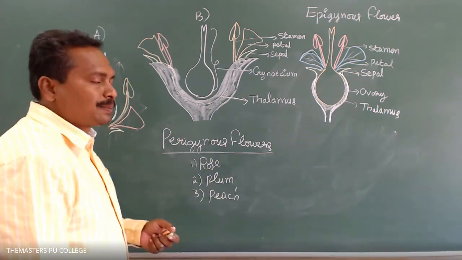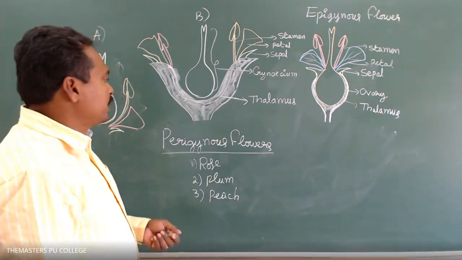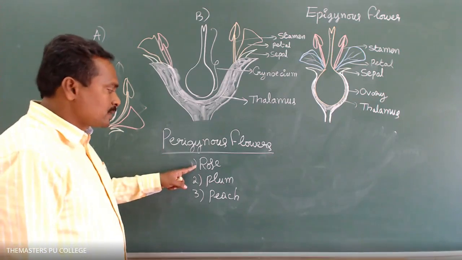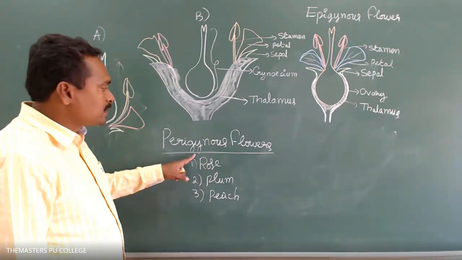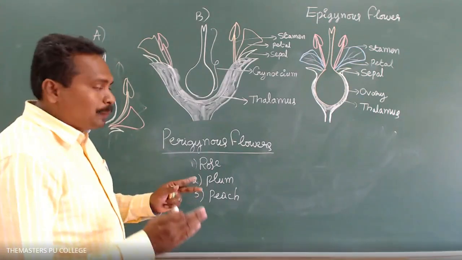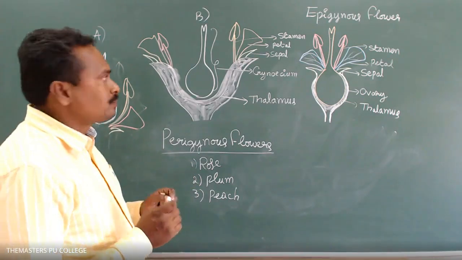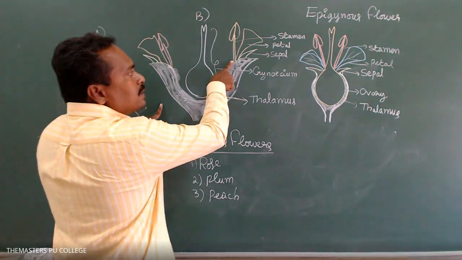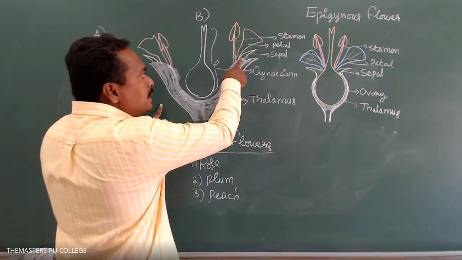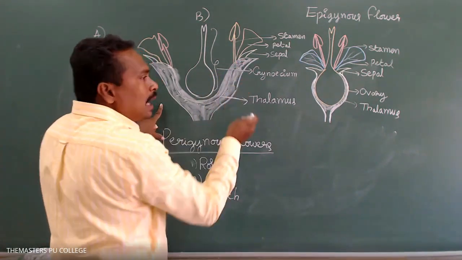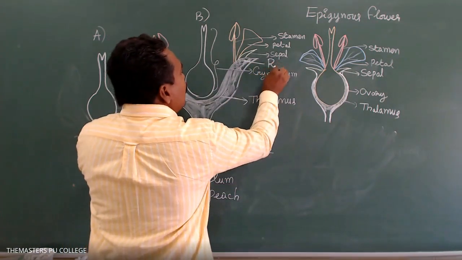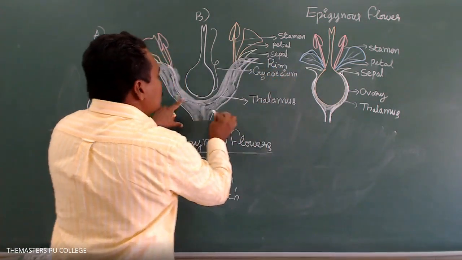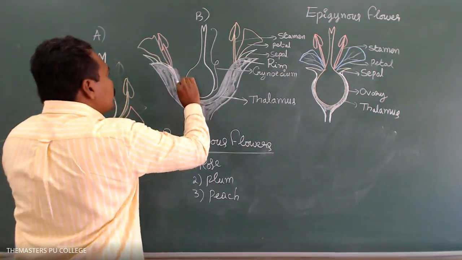In some plant species, the flowers are perigynous. For example, in rose, plum, and peach, the flowers are perigynous. In perigynous flowers, the stamens, petals, and sepals arise from the rim of the thalamus. So this is a part of the thalamus.